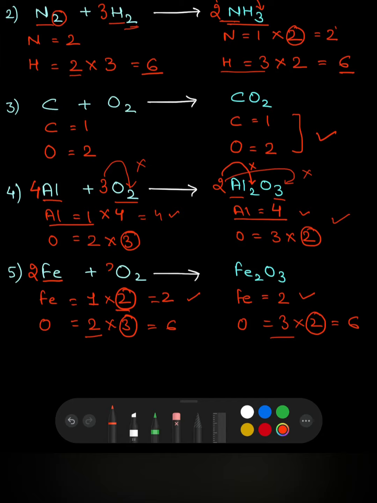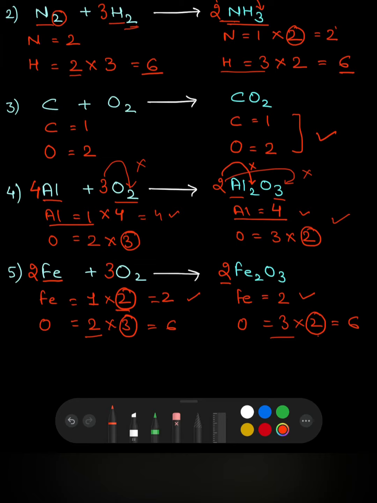So 3 will be written in front of oxygen. Similarly, 2 is multiplied over here, so we write it as a coefficient in front of the product. Now look for the equal number of atoms once again after writing the coefficient, in order to check whether the chemical equation has been balanced or not.